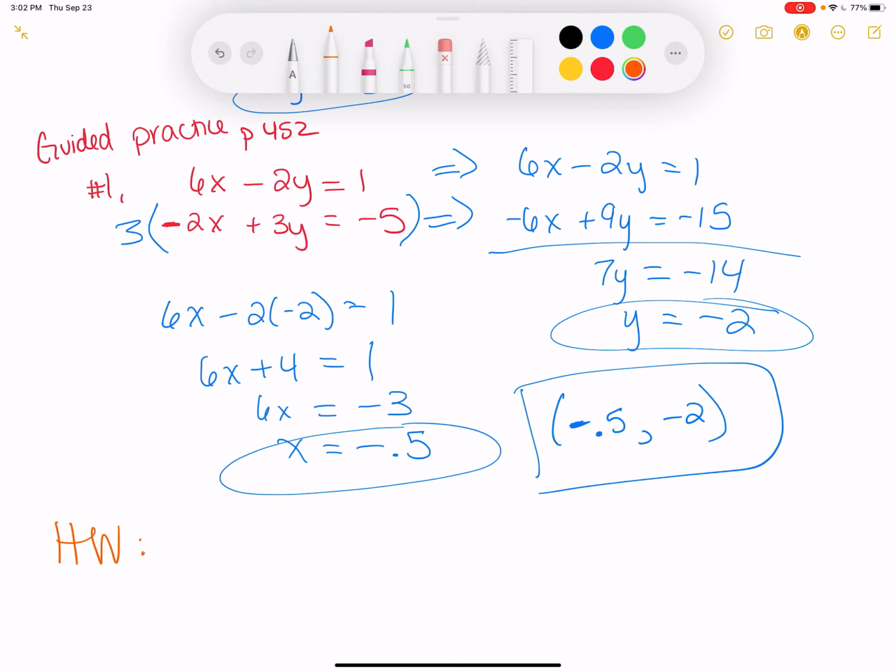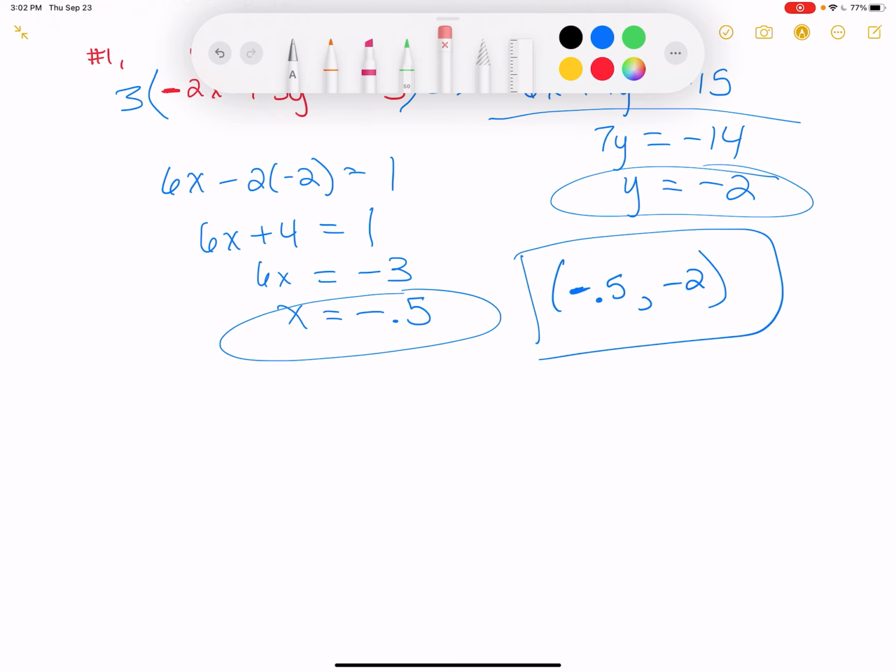Actually, hold on. Let me back up really quick. If you have something like 2x plus 3y equals 5 and x plus 2y is equal to 10, do any of them have opposite signs?